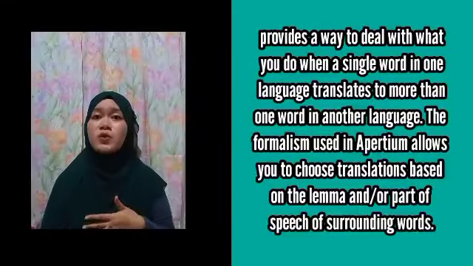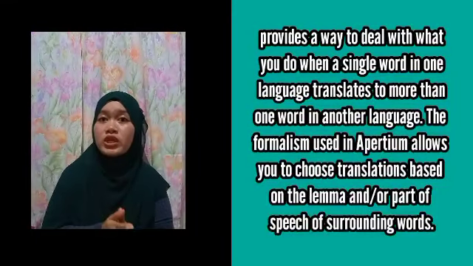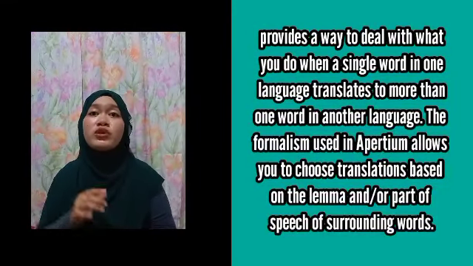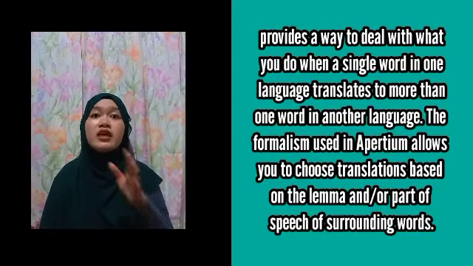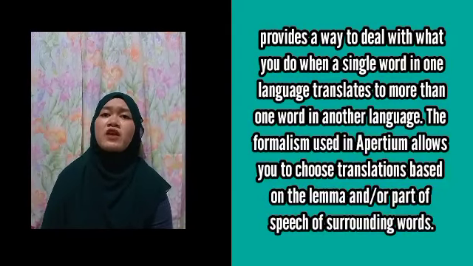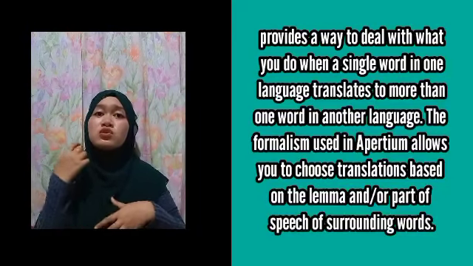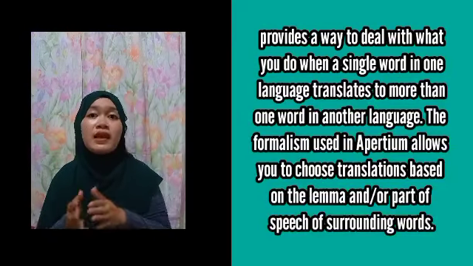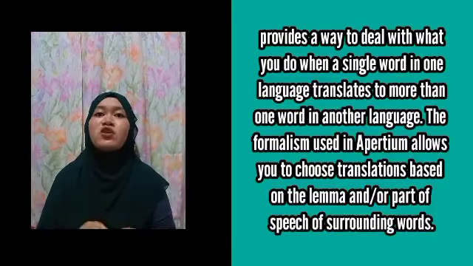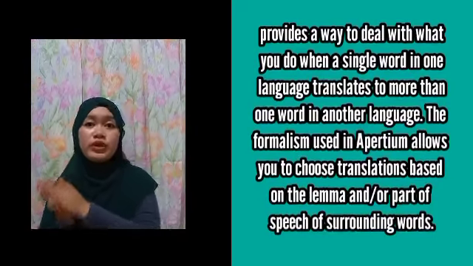So let's move on to the third topic, which is lexical selection. It provides a way to deal with what you do when a single word in one language translates to more than one word in another language. The formalism used in Apertium allows you to choose translation based on the lemma and/or part of speech of surrounding words.